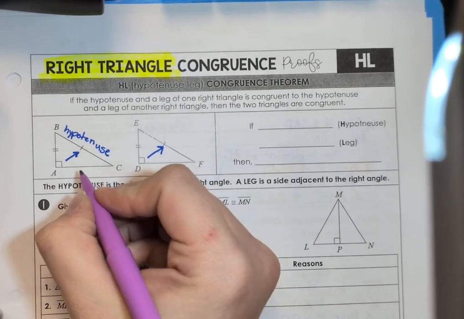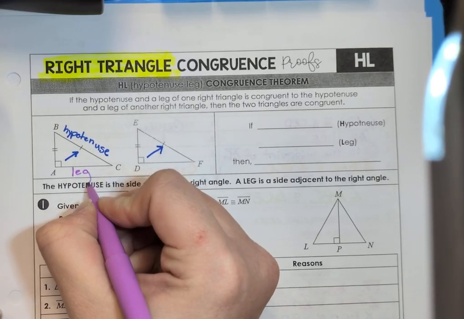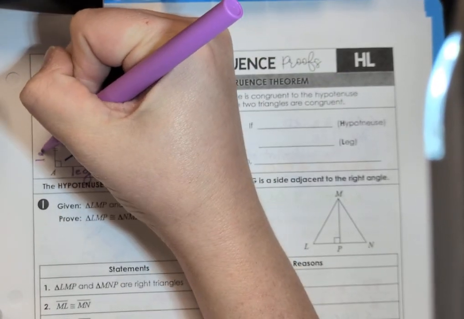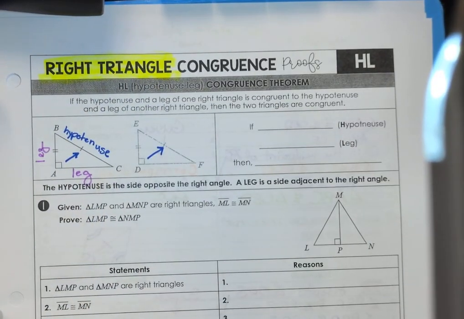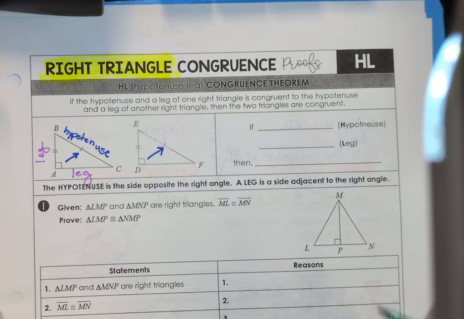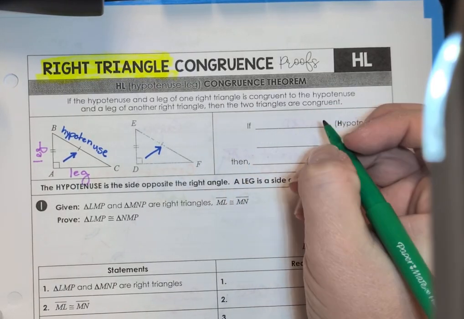Now, these other two are called legs. So this is one leg and this is another leg. For a hypotenuse leg, does it matter which leg you use? No, it's just whichever leg you can prove, that's the one you should use. In the picture, they picked the leg for you. But first, what's the hypotenuse again?